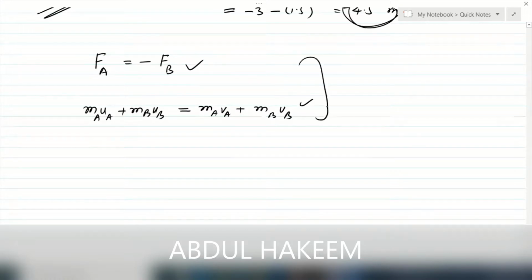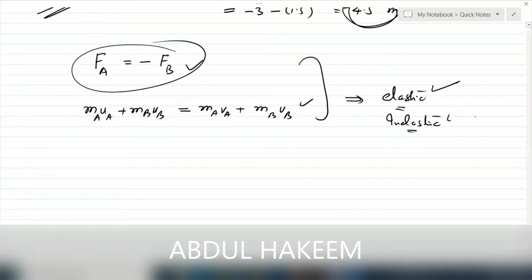Both are valid for elastic and inelastic. So from Newton's third law and from the law of conservation of momentum, we can't distinguish between the types of the collision, whether it's elastic or inelastic. Meaning both are equally valid for both elastic and inelastic.